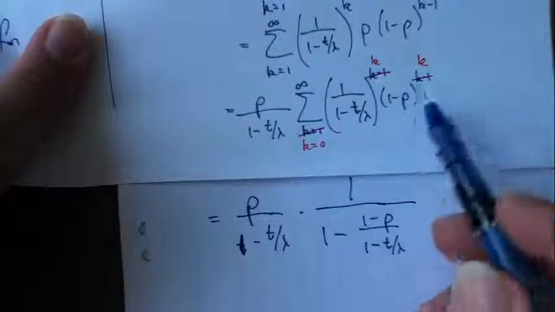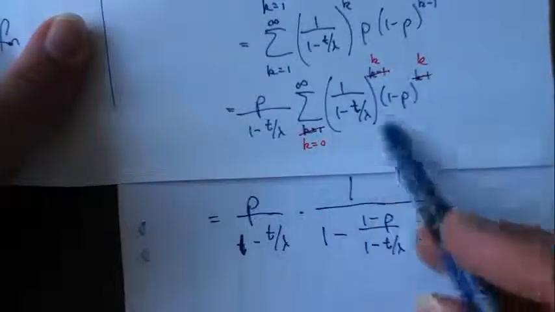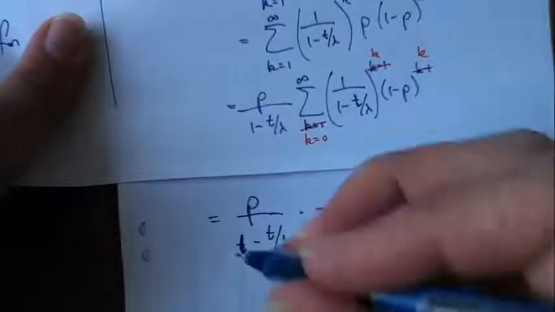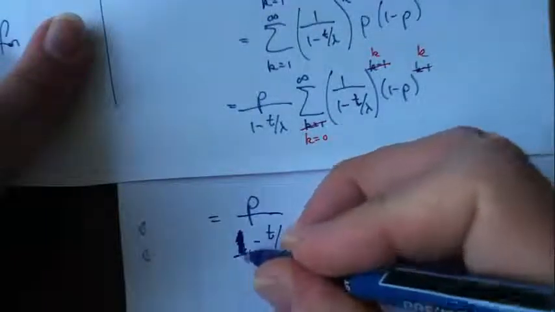Because I'm summing from 0 to infinity and all of this stuff is bounded by 1, the sum is 1 over 1 minus all of this stuff.